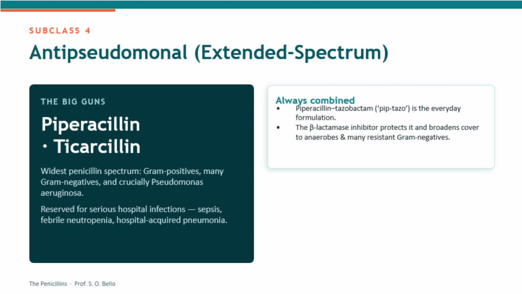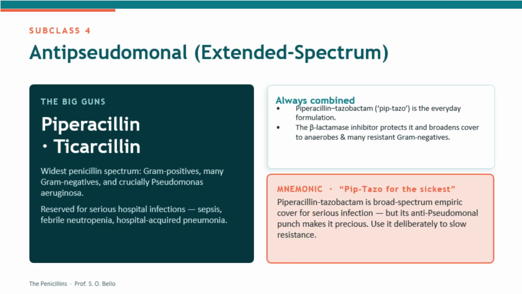Next up, the broadest members of the family, the antipseudomonal or extended-spectrum penicillins, piperacillin and the older ticarcillin. Their headline feature is right there in the name. They cover Pseudomonas aeruginosa, a tough, often hospital-acquired gram-negative that the earlier penicillins miss entirely.